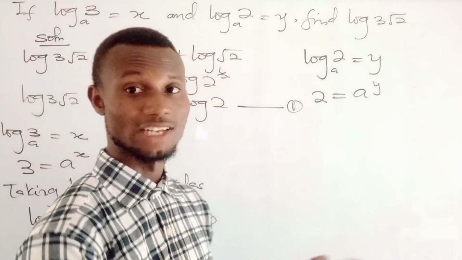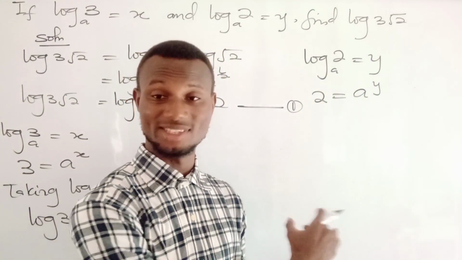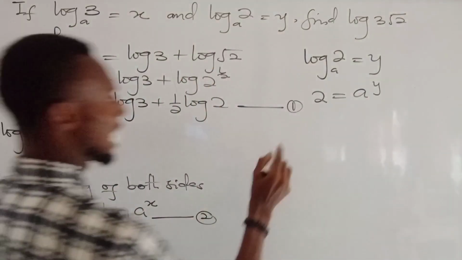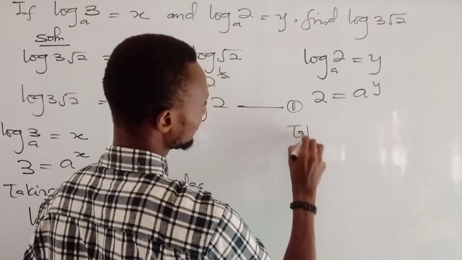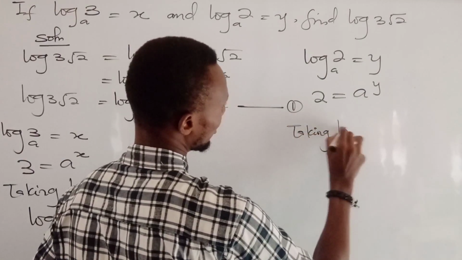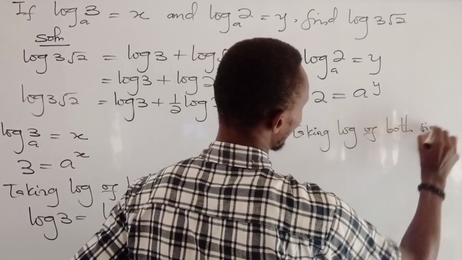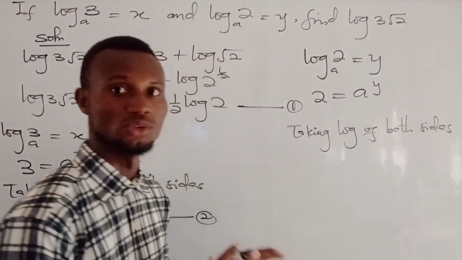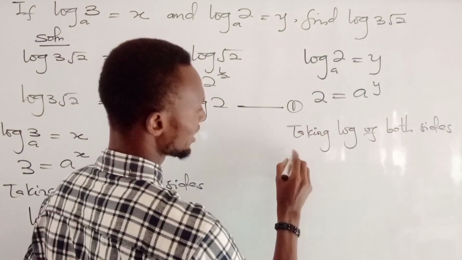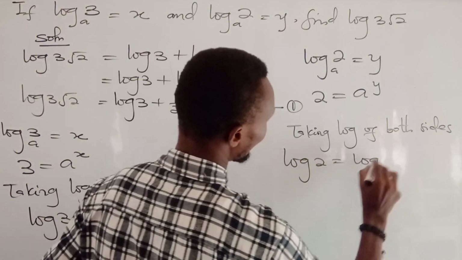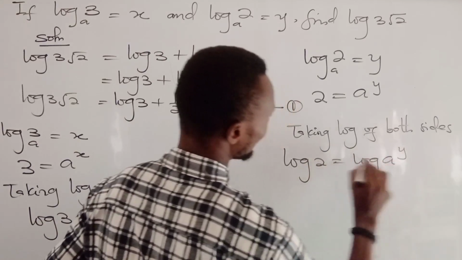So what you do is that you are going to take the log of both sides of the equation as we did to this one. So I'm going to write taking log of both sides. I hope you understand up to this point. So it's going to be log 2 equals the log of a to the power y.